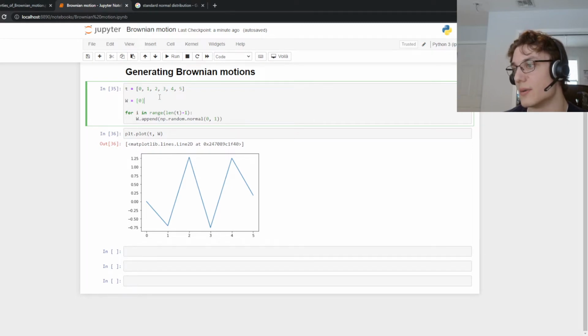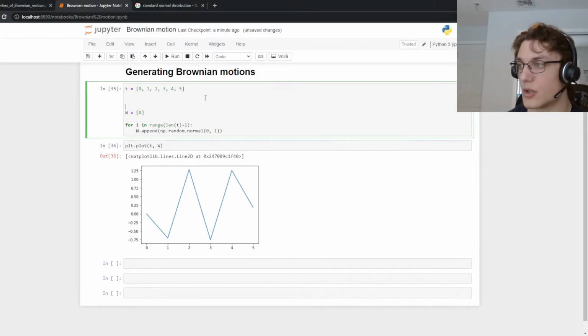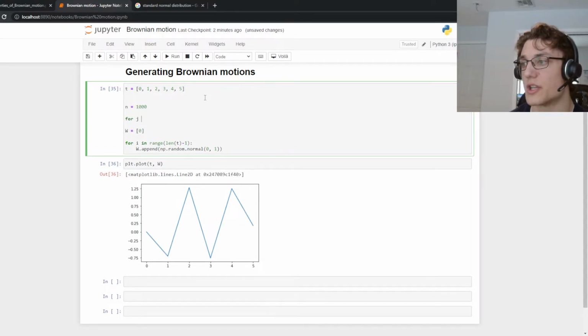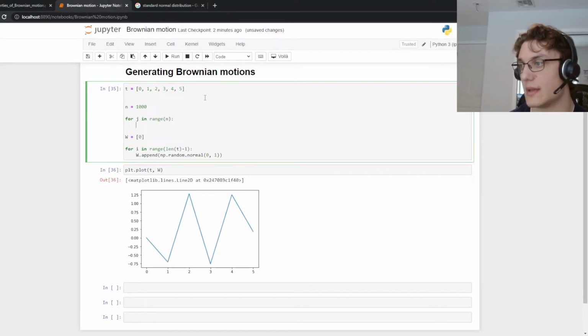So what we can do is we can say, we're going to draw how many paths of Brownian motion. So essentially, how many realizations across this 5-day interval per day do we want to have? So let's just say we're going to do 1,000. And we'll say for j in range n, so we'll have 1,000. We are going to have a paths list to store all of the paths.